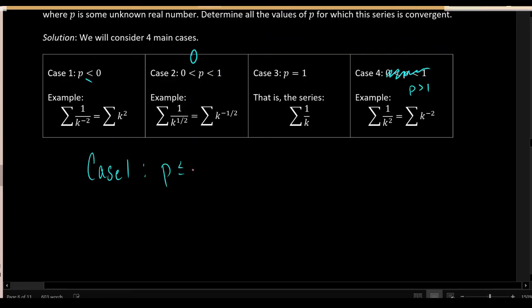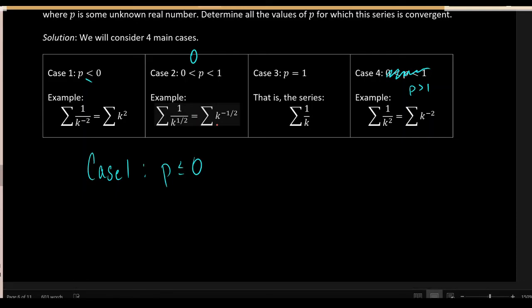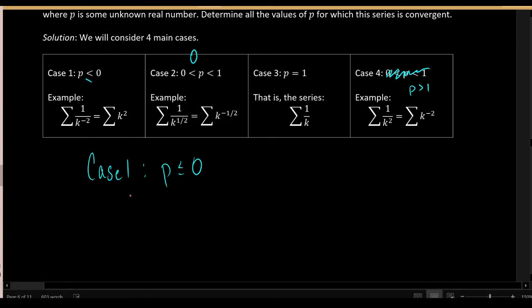Case 1, what if the power is less than or equal to 0? If the power is less than or equal to 0, let's think about what would be true if I took the limit as k goes to infinity of each of the terms in the sequence. And it may help to consider the associated example where we have the sum of 1 over k to the minus 2.